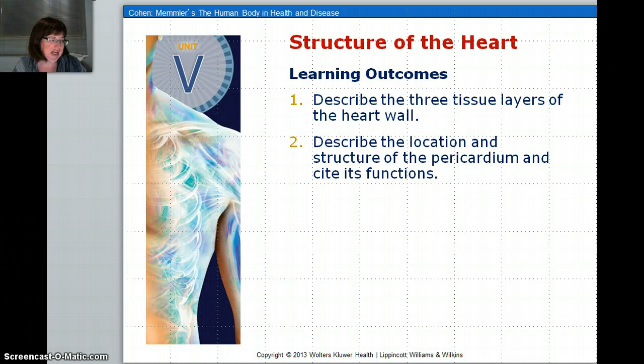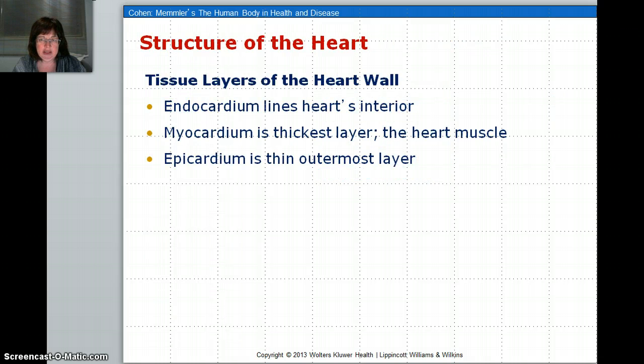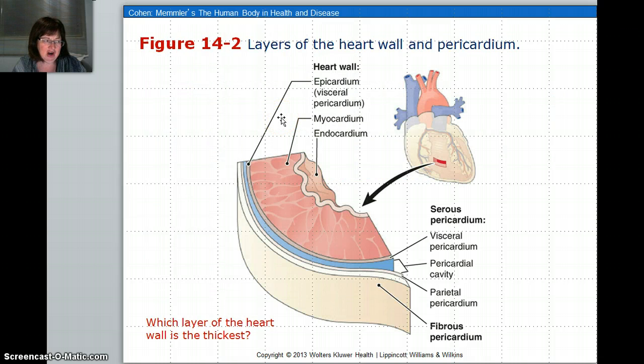Now, when we look at the layers of the heart wall, it is very straightforward in terms of labeling. Epi means outside. So the epicardium is outside, and it is actually continuous with the pericardium. Peri means around, epi means on top or outside.